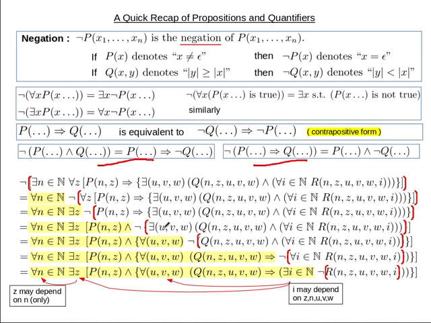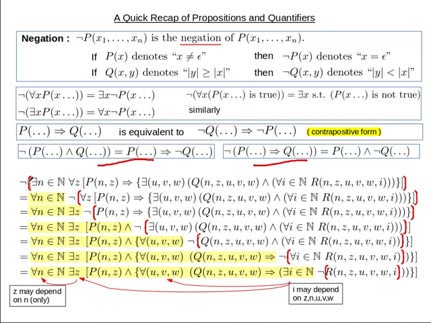Then this existential quantifier becomes for all, and this is pushed here, and then this conjunction. So we use this and write it like this implies not of this. And finally this for all becomes there exists, and this is pushed inside. Okay. So the negation of this will be this.